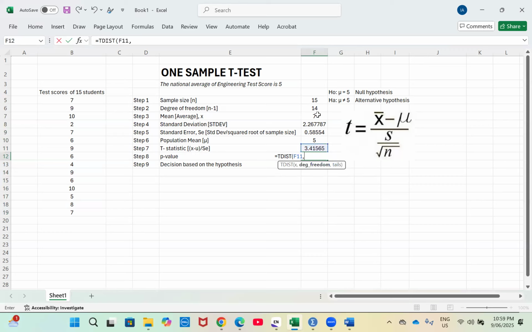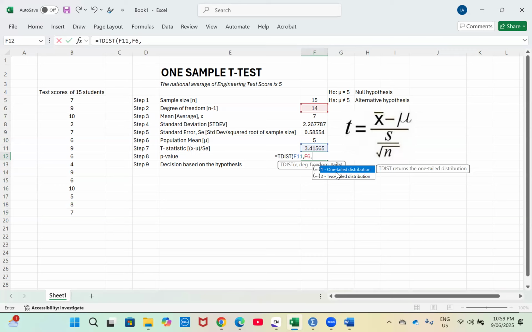Then the degree of freedom, which is 14, comma, then here we have to determine the tail. The tail will depend on whether we are looking for greater or less. We want to determine whether these 15 students' scores are greater or less.